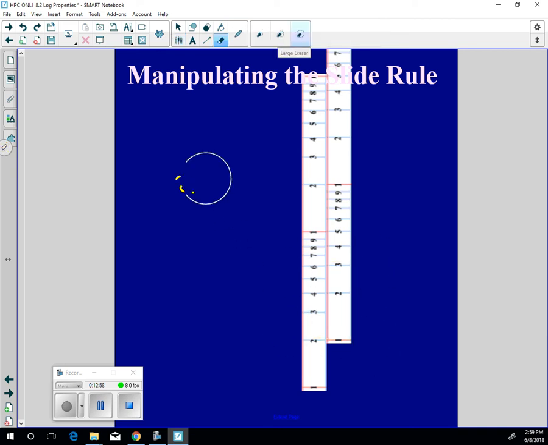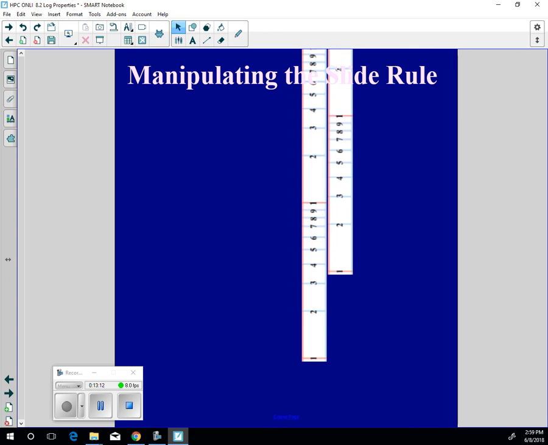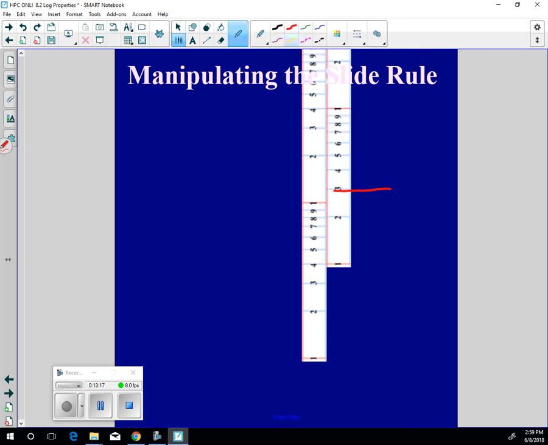You try some. A classic one would be 4 times 3. 4, oops, didn't do that quite right. 4, and then I go to 3, is somewhere between 1 and 2, close to 1. How does 12 sound? Yeah. So you can use the slide rule, and the reason it works is when you have it in an exponential scale, 1 to 10 is the same as 10 to 100.